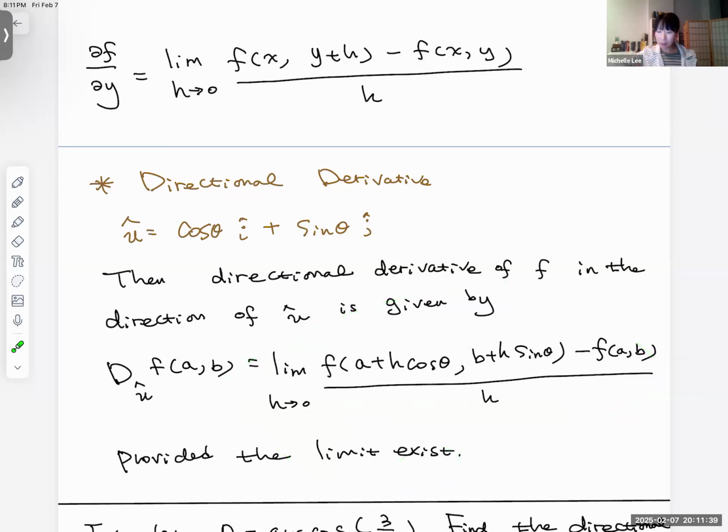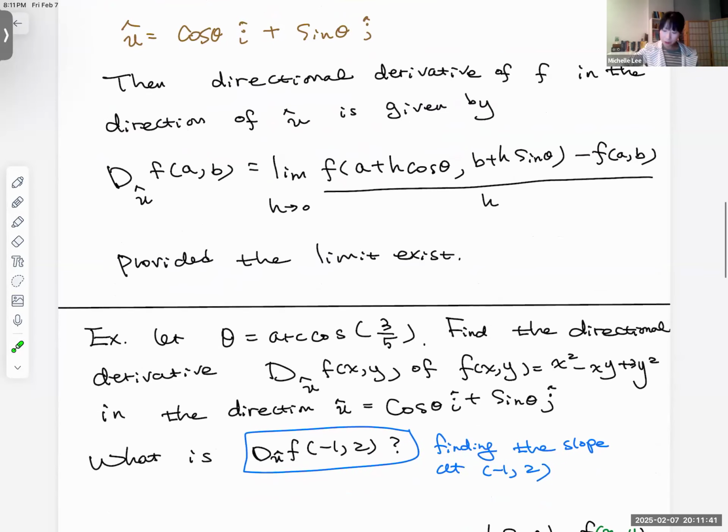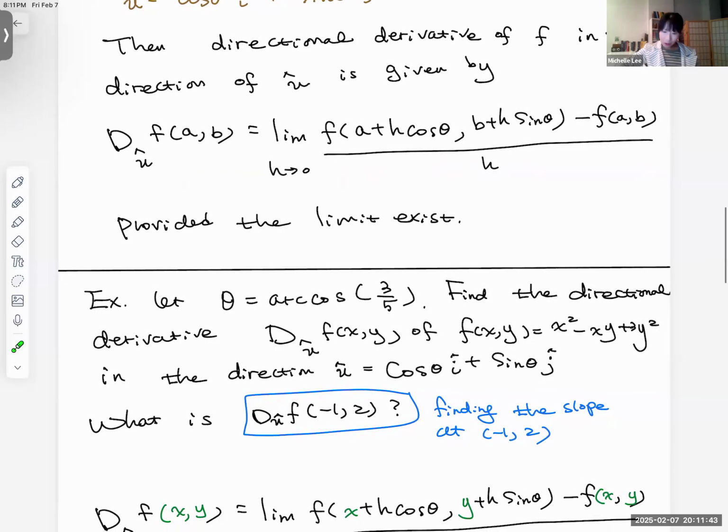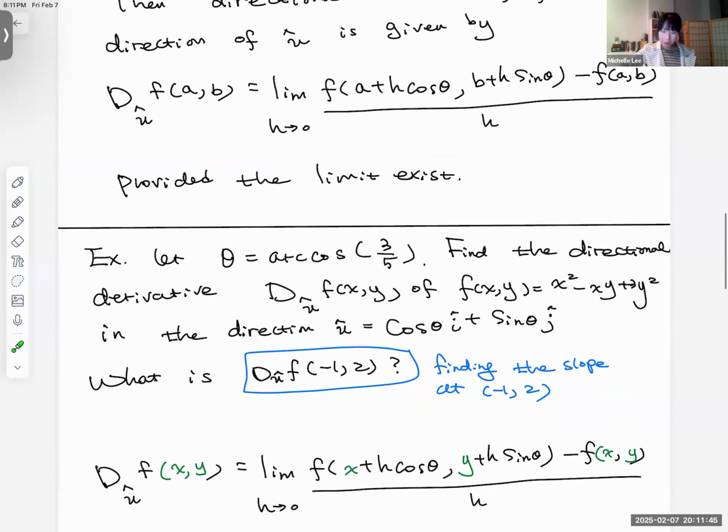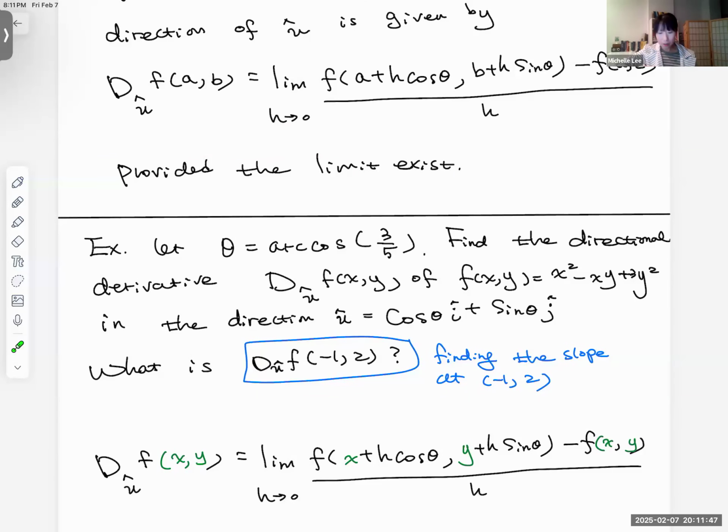Okay, let's find the directional derivative. So we have this example, theta equal to arc cosine 3 over 5. Find the directional derivative. And then the function is that.